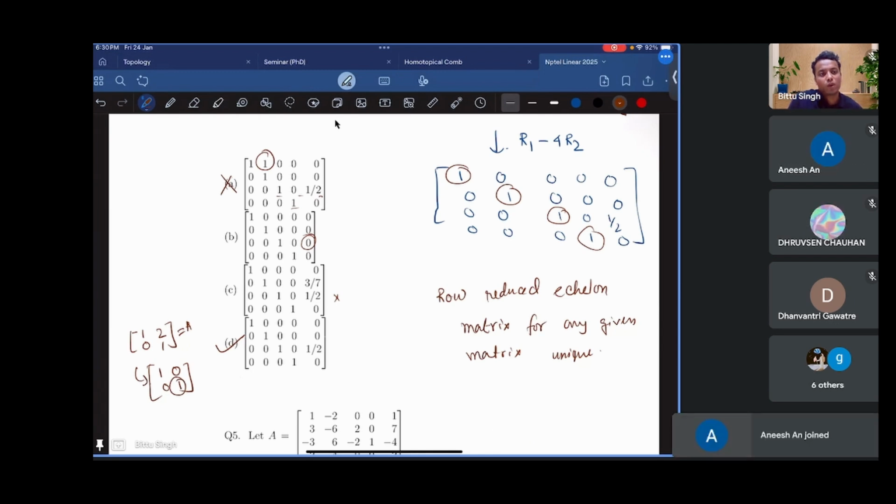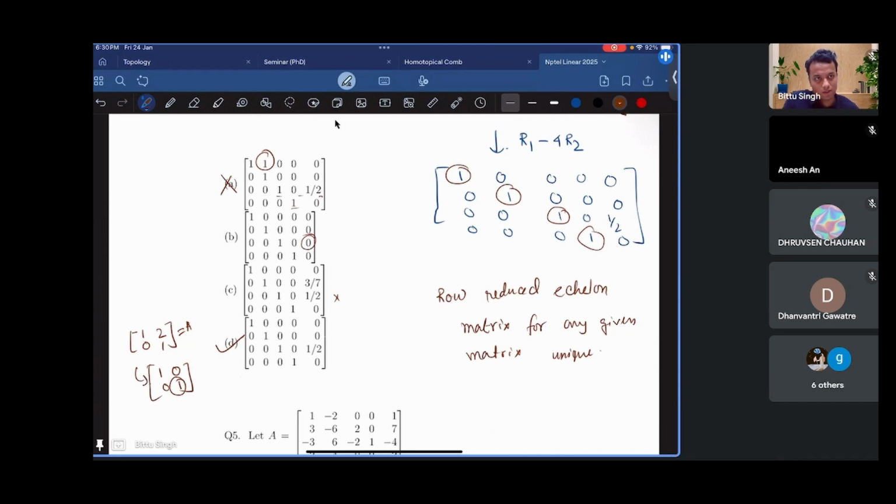So whatever operations you do, you will get the unique row reduced echelon matrix. So option D is the correct answer.